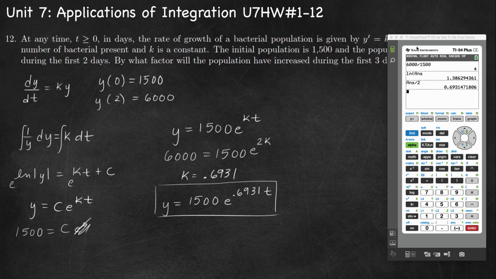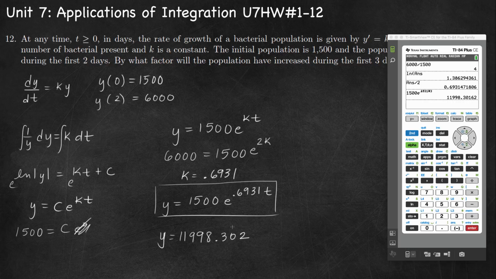And we're asked by what factor will the population have increased during the first 3 days. So I want to know what is the population on day 3. We're going to let t equal 3. So now 1,500 times e to the 0.6931 times 3 equals, so that's our population, or we'll just say y, equals 11,998.302.